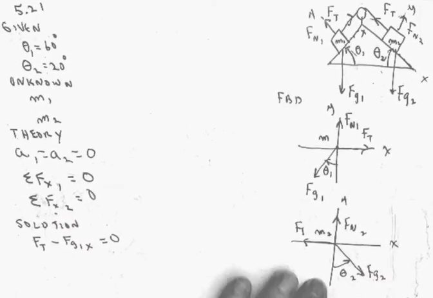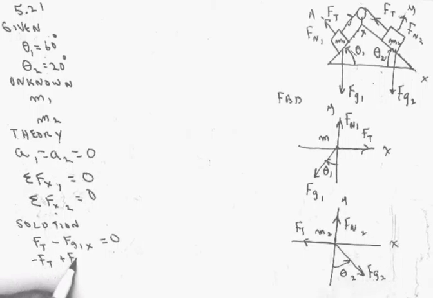Then if we do the same thing for mass 2, in this case, Ft is negative, so minus Ft plus Fg2, its component in the x direction. Those must add up to be 0. If I add these two equations together, the Ft's go away. So Fg2 in the x minus Fg1 in the x must be equal to 0.